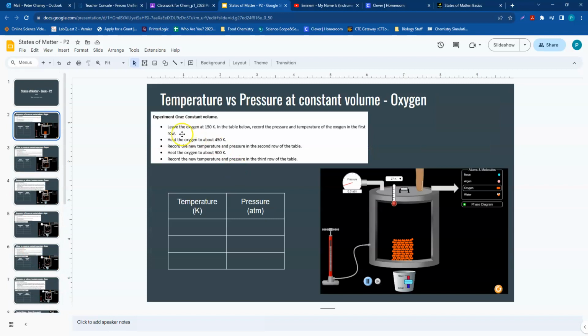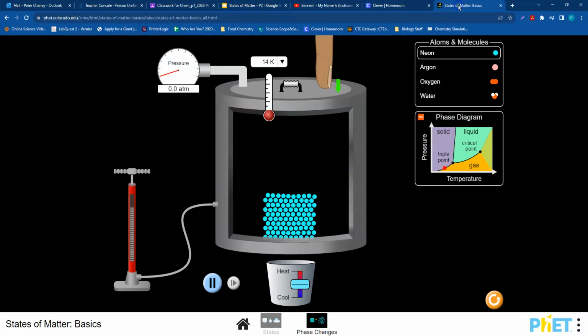Alright, so this says leave the oxygen at 150 K. In the table below, record the pressure and temperature of the oxygen in the first row. So we need to get the oxygen to 150 K first. So that's what we're going to do. We are going to raise the temperature by providing heat. So we want to get to oxygen first, so make sure you do that.